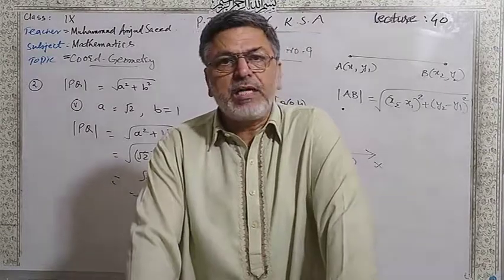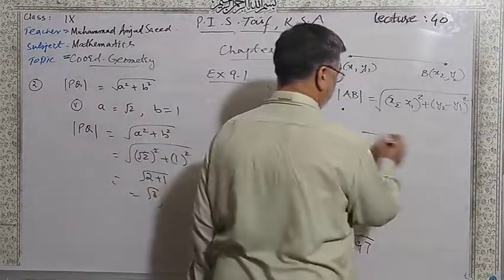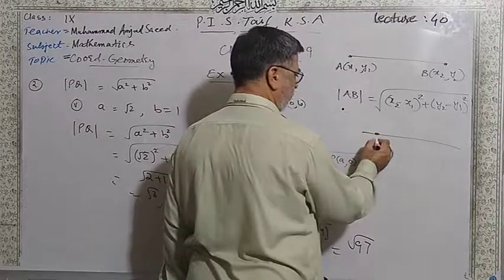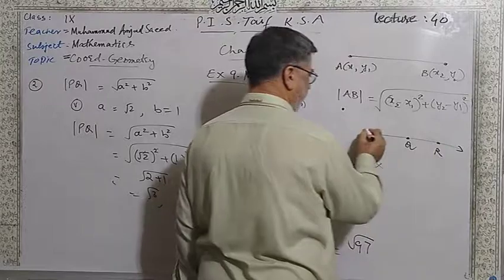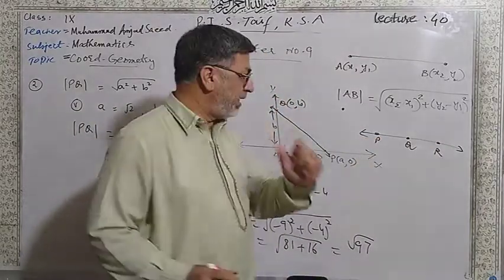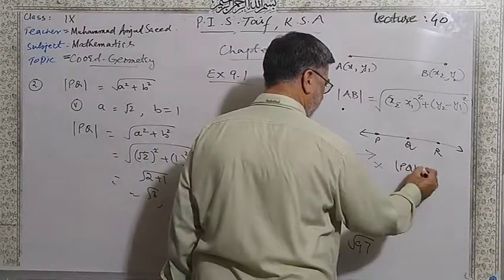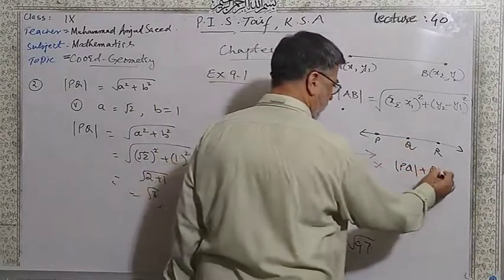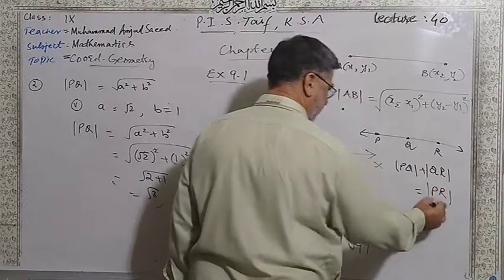The points are collinear if they lie on the same line. For example, this is a point P, this is Q, and this is R. They are known as collinear points, and in case of collinear points, PQ mod plus QR mod must be equal to PR mod.